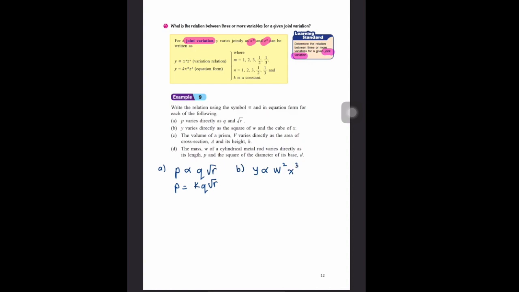Change it into equation form, it will be y equals kw square x cube.